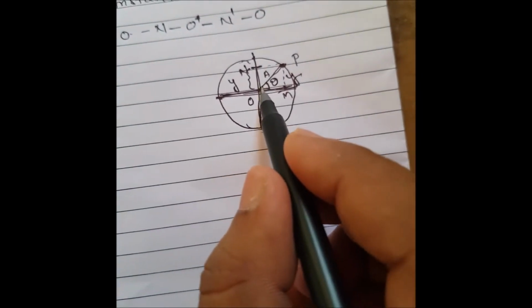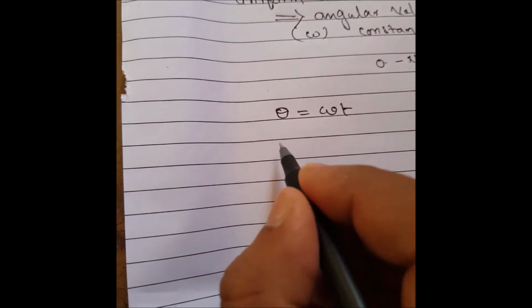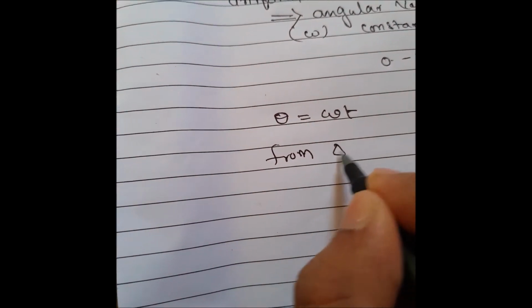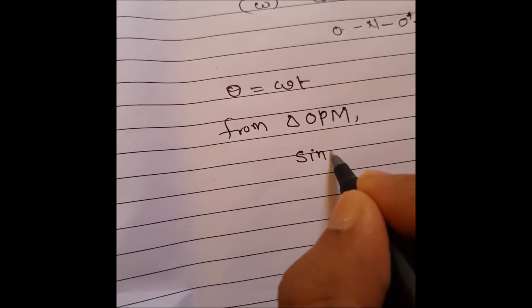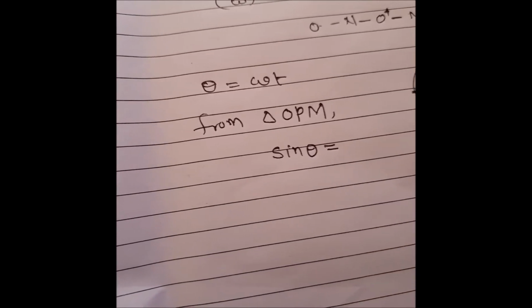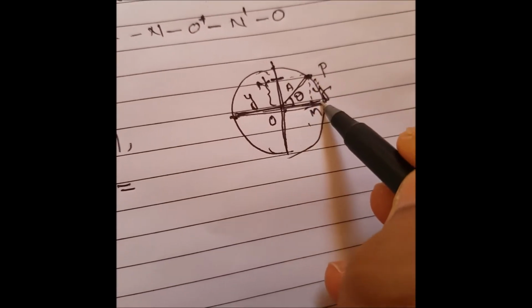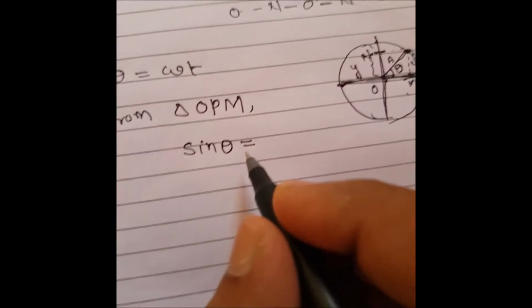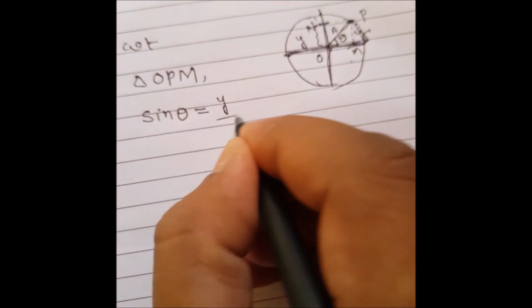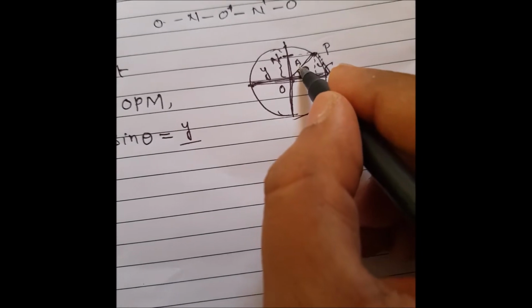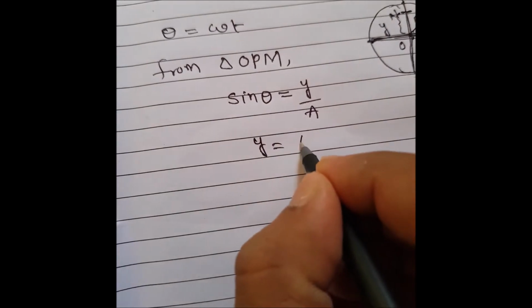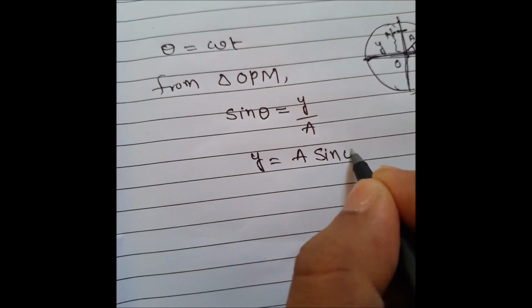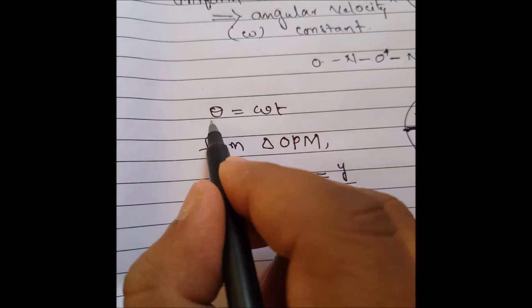So from triangle OPM, writing the value of sine theta. What do we mean by sine? It is nothing but opposite by hypotenuse. Opposite is nothing but y. Hypotenuse is nothing but the radius, which has the value A. So y equals A sine theta, but we already know the value of theta, which is omega t.